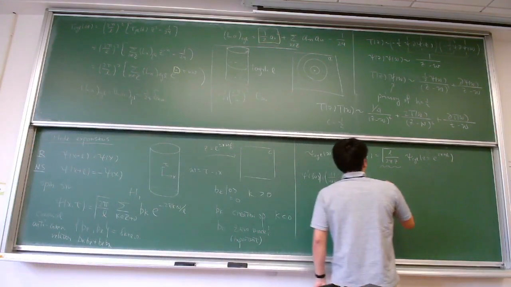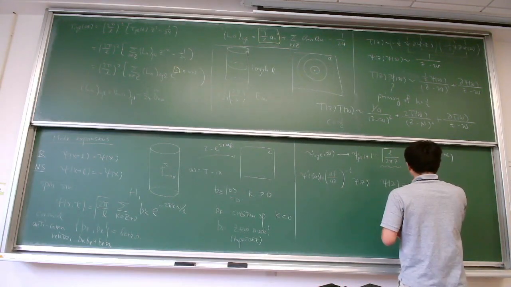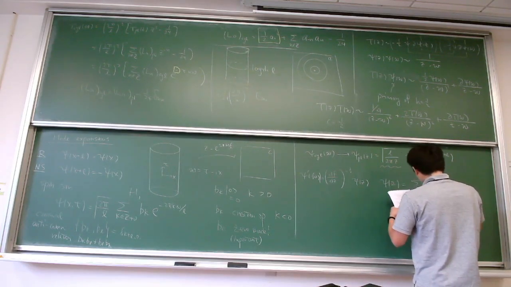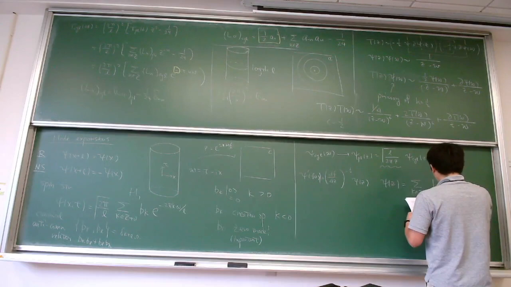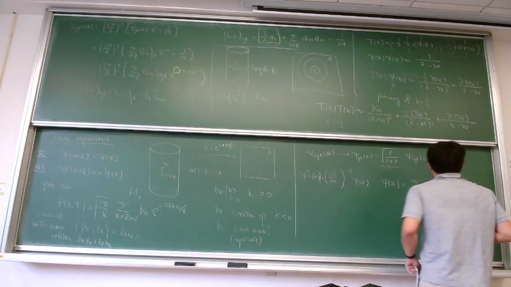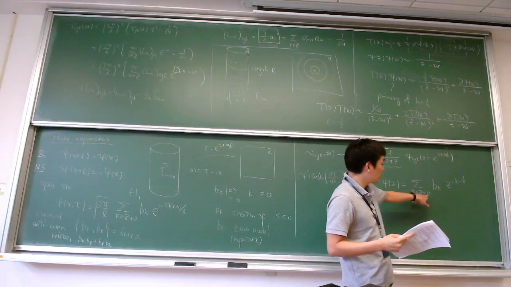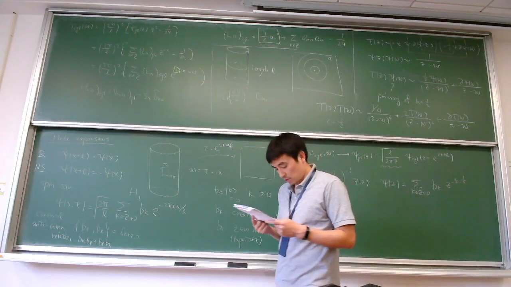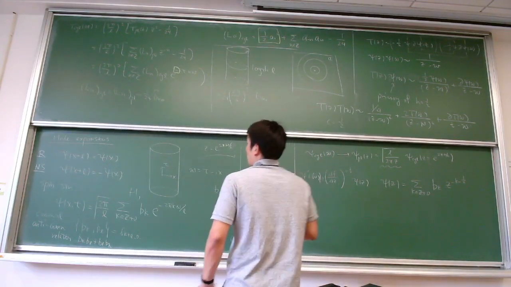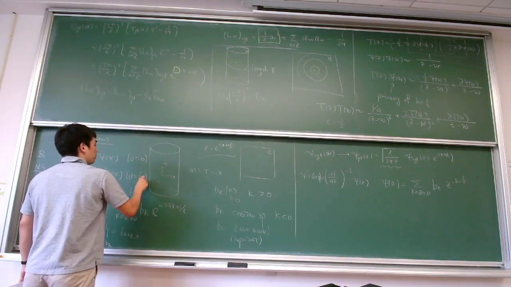Psi of z becomes like this. Of course, here nu equal to 0 and nu equal to 1/2.